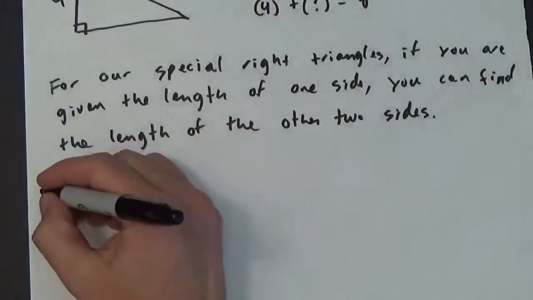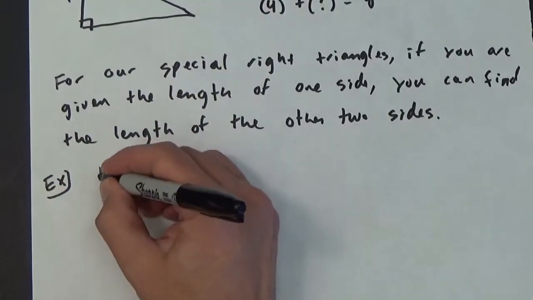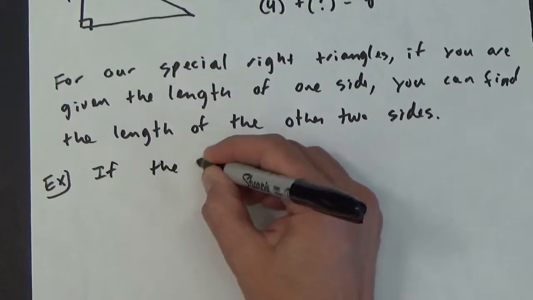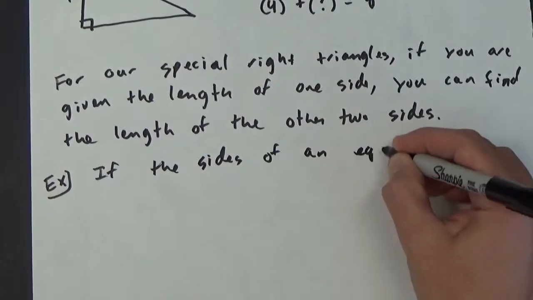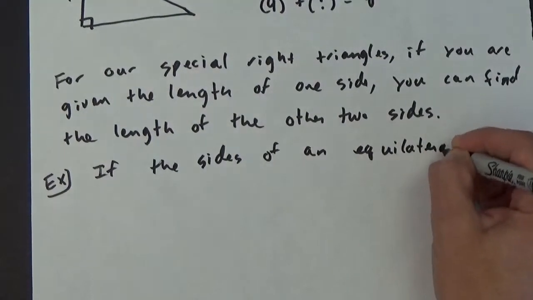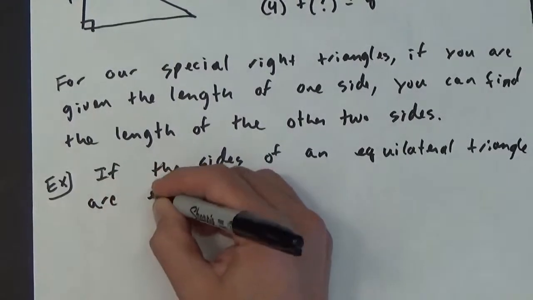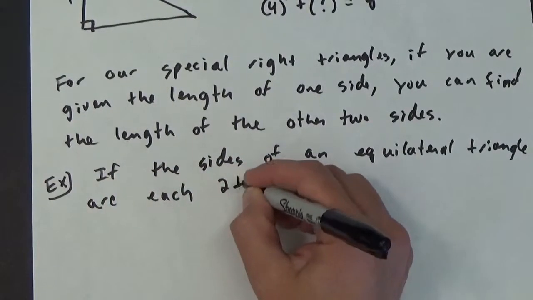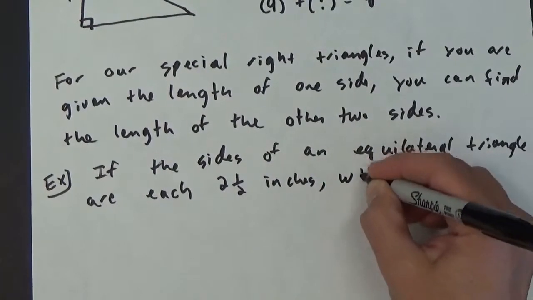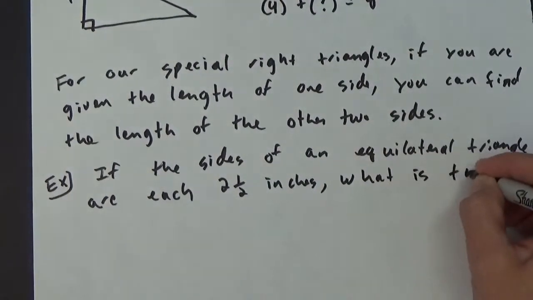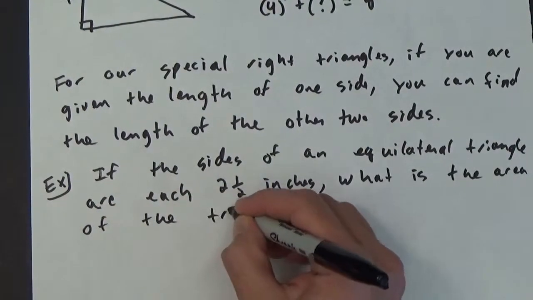All right, so let's look at one more example. If the sides of an equilateral triangle are each 2 1/2 inches, what is the area of the triangle?